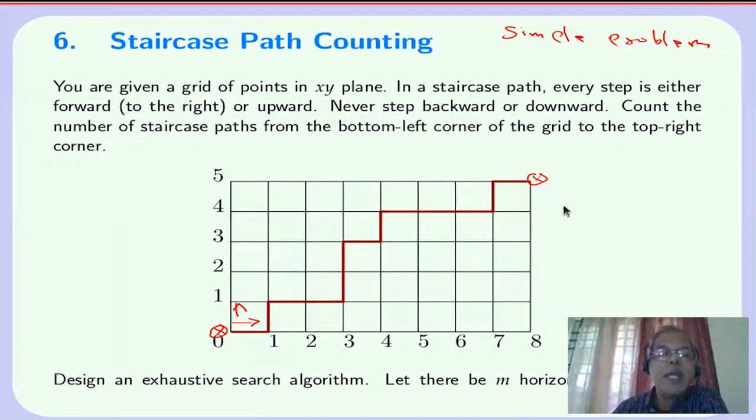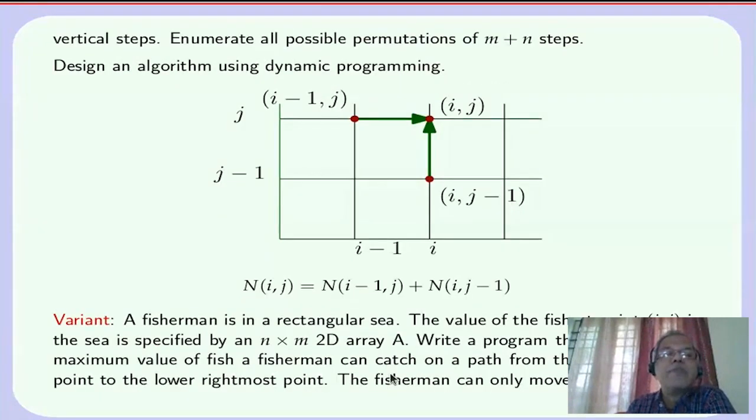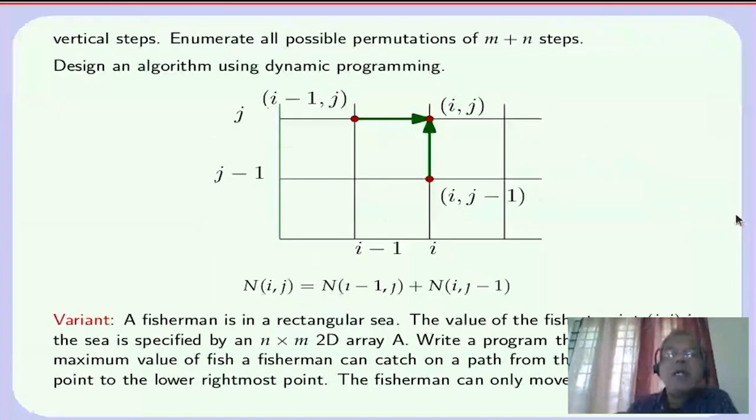In how many different ways can we reach from (0, 0) to (8, 5)? Design an exhaustive search algorithm. I have shown you one path. Let there be m horizontal steps and n vertical steps. Enumerate all possible permutations of m plus n steps. Design an algorithm using dynamic programming. In fact, this could be solved using combinatorics. You don't even need an algorithm. But write a DP algorithm.